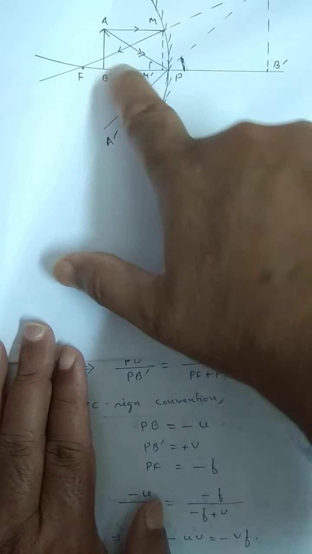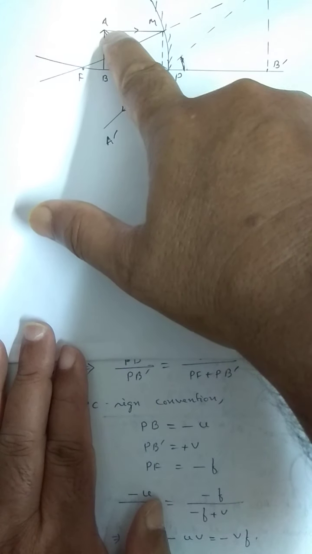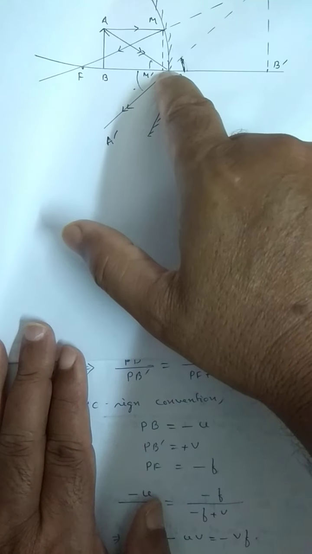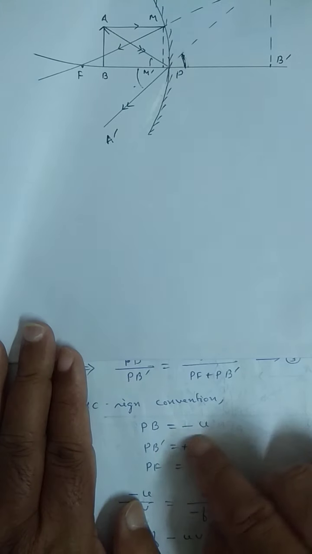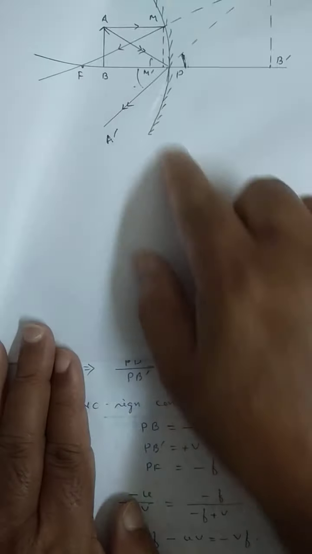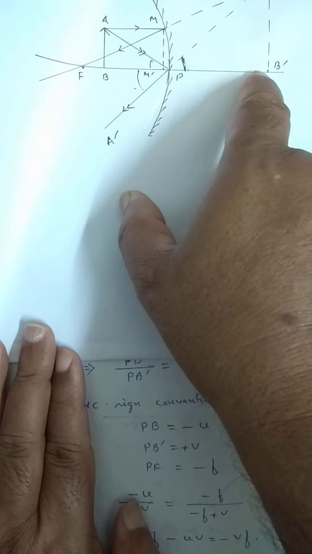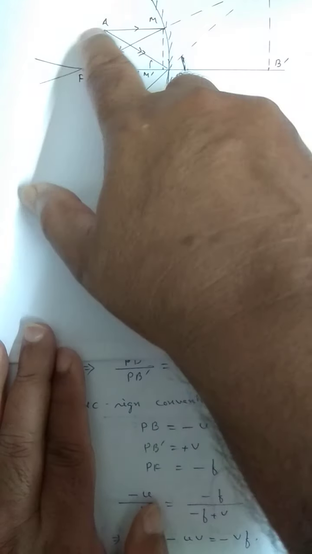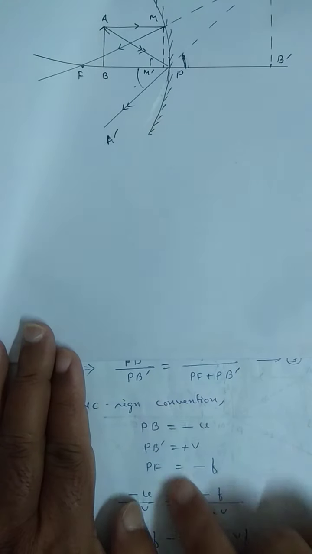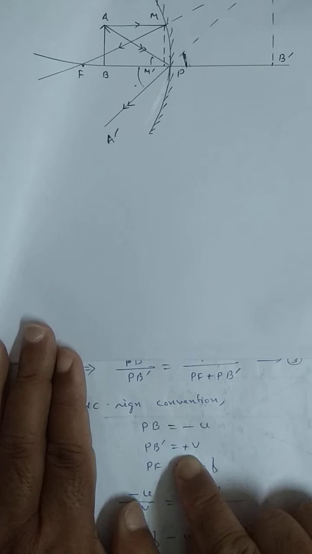In order to measure PB, I have to go opposite to the direction of the incident ray. So PB is minus u. What is PB dash? This is the image distance. To measure PB dash, I have to move along the direction of the incident ray. Therefore, PB dash is plus v.